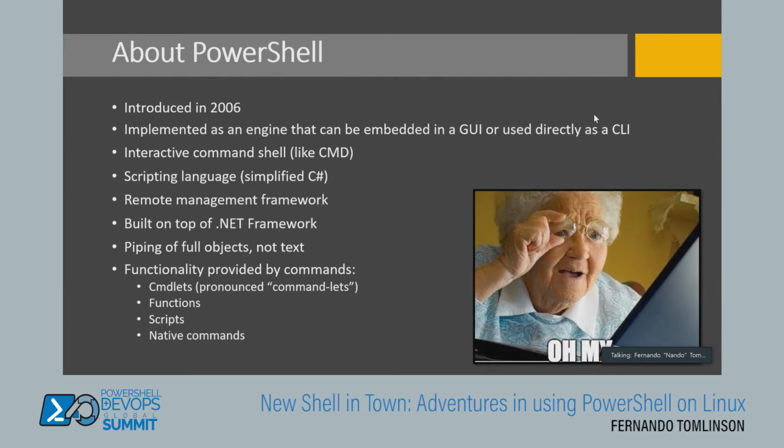We pipe actual full objects. So as we get into some of this Linux-ism, if you're trying to find data in, let's say, some text within Linux, generally you're using sed or awk or cut. And if you were one digit off, you're like, oh, let me sed, cut, awk, cut, sed. We don't have to do all of that from a PowerShell perspective.